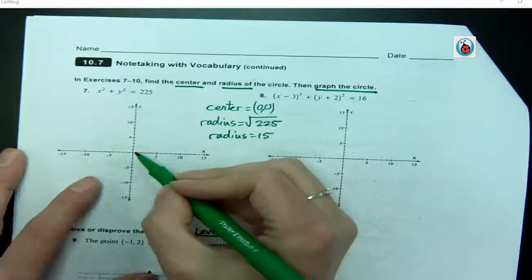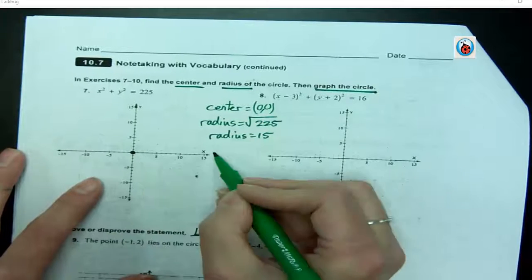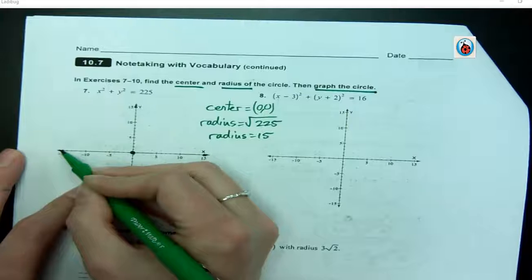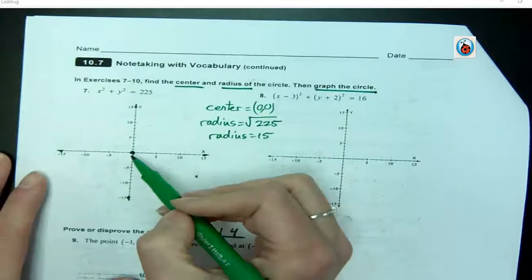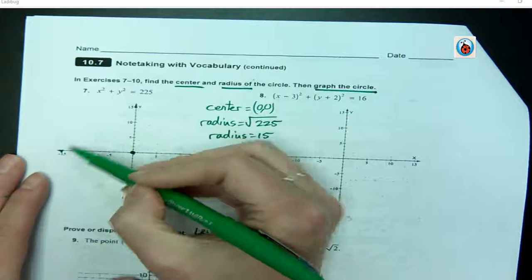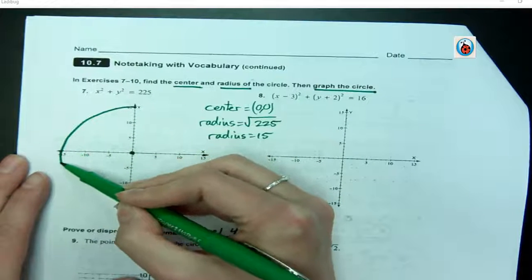So then to graph it, I come here, I graph my center, and then I'm going to mark out 15 in each direction along the grid line. And then I could use a tool to do it, but I'm just going to freehand draw. Do your best to get it rounded in between those.